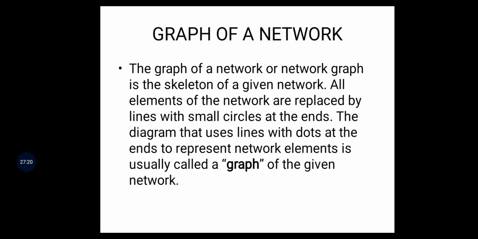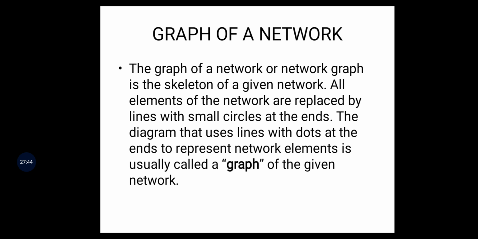All the elements of the network are replaced by lines with small circles at the nodes. The diagram that uses lines with dots at the ends to represent network elements is usually called the graph of a network. Simply, for any network, we draw only lines.